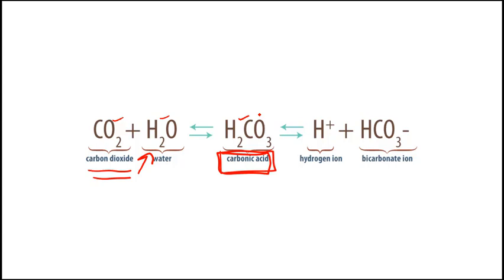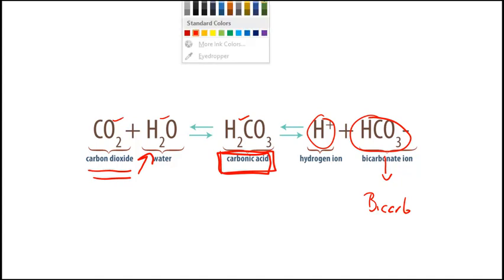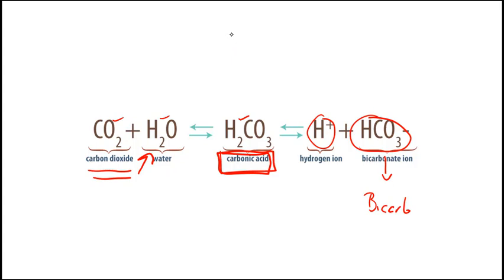Now, as acids go, carbonic acid is kind of a wimp, and it quickly breaks down into hydrogen, the H here, and HCO3. Well, HCO3 is bicarb. So that's what they mean when they say it's transported as bicarb. It's just another way of saying that most of the CO2 that enters the blood undergoes this chemical reaction.